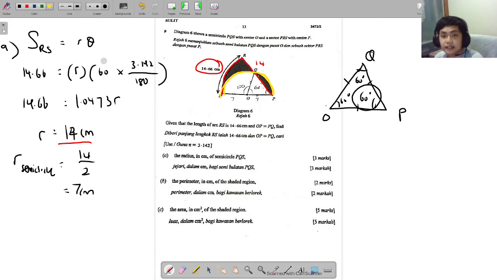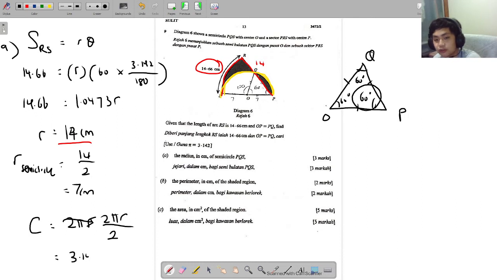The semicircle is very easy. We can just calculate the circumference, which is C equals 2 pi r. In this case, it's a semicircle, so we take 2 pi r divided by 2. So it is just 3.142 multiplied by the radius, which is 7. So 3.142 times 7 is 21.994 cm.